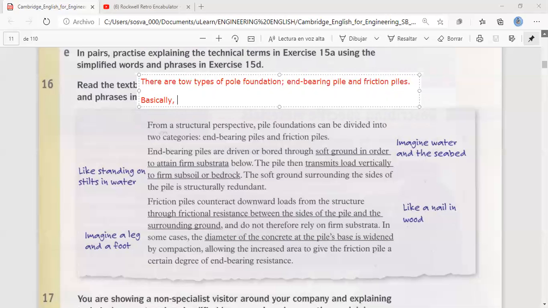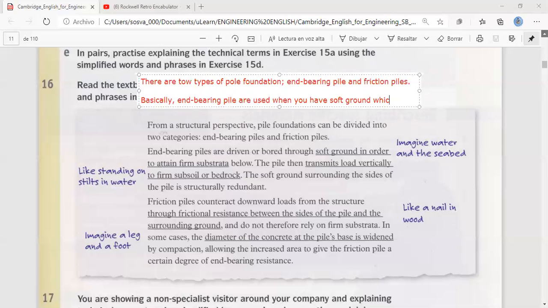Subsoil is under the surface. Okay. End-bearing piles are used when you have, and it says, soft ground in order to attain firm strata. Soft ground, it's literally the same, when you have soft ground, because there is no other way to explain it.